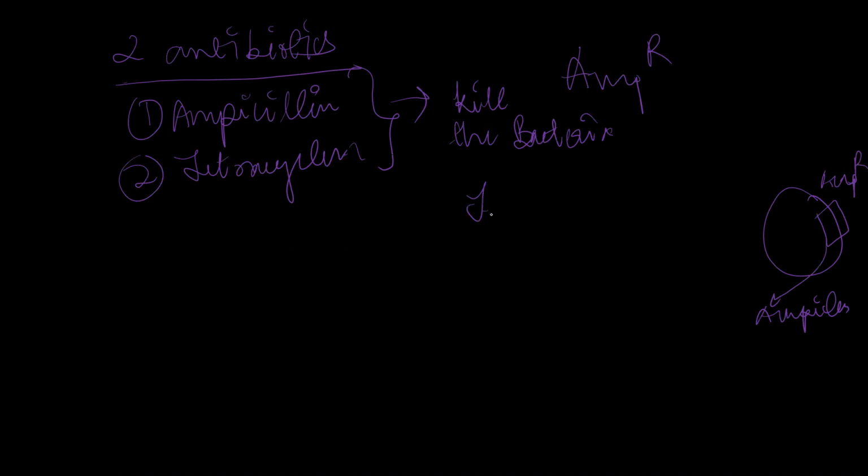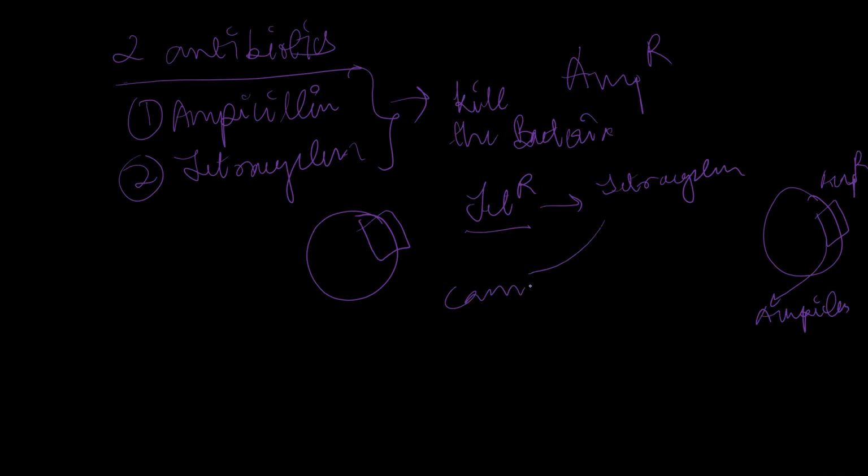Similarly, for tetracycline resistance, any plasmid that contains a tetracycline resistance gene means the tetracycline cannot kill that cell.